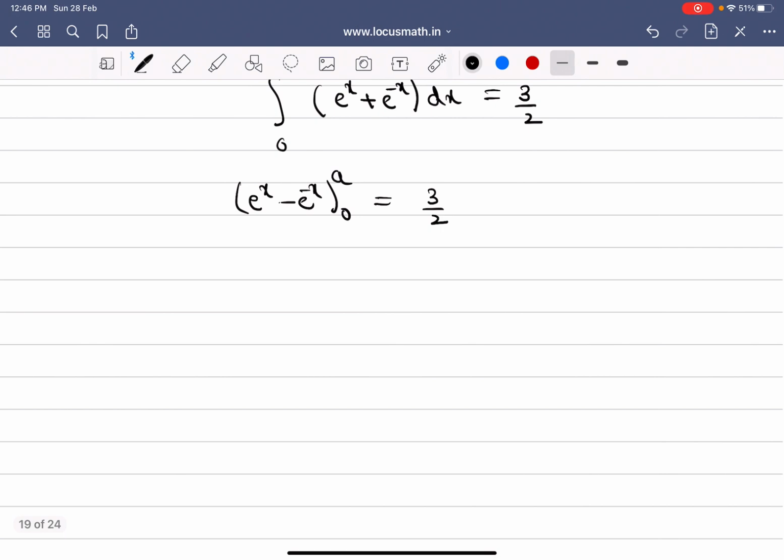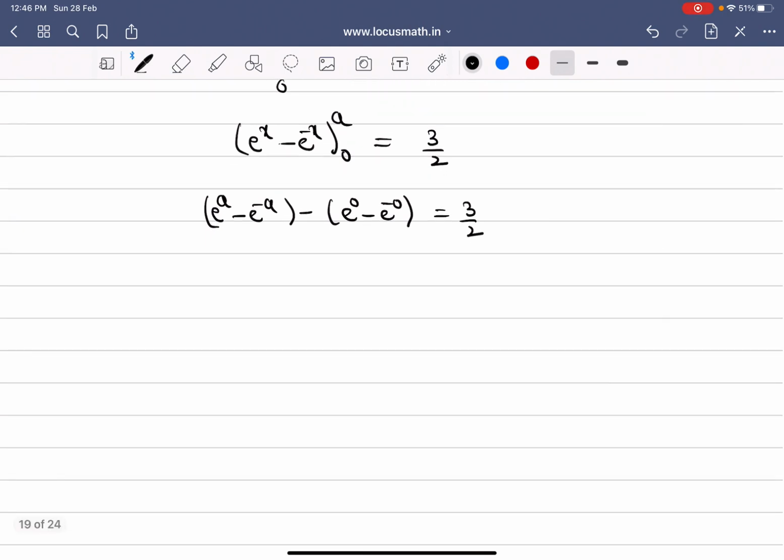Now put the upper and lower limit, that is e^a minus e^(-a) minus of e^0 minus of e^(-0) is equal to 3 over 2. This implies e^a minus e^(-a) minus e^0, which is 1, e^(-0) is 1, is equal to 3 by 2.